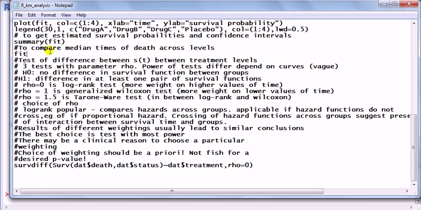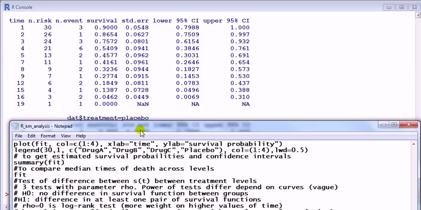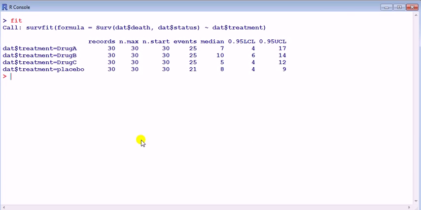So to finish off before I go to the test, you can, if you like, compare the median times of death across the levels. Okay, so what we got is that the median time of death for drug A is 7, B is 10, C is 5, placebo is 8, and these are the lower level and upper level of the 95% confidence intervals.